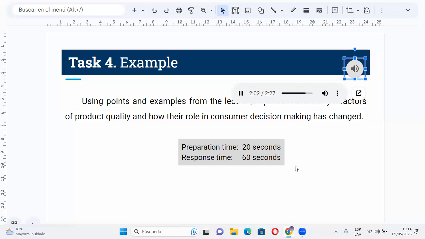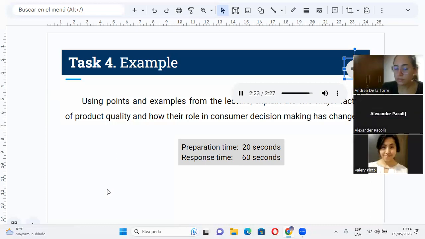When people are comparing products today, they look at features because reliability is pretty much equal across the board. And that's why manufacturers include so many features in their products. Using points and examples from the lecture, explain the two major factors of product quality and how their role in consumer decision-making has changed.